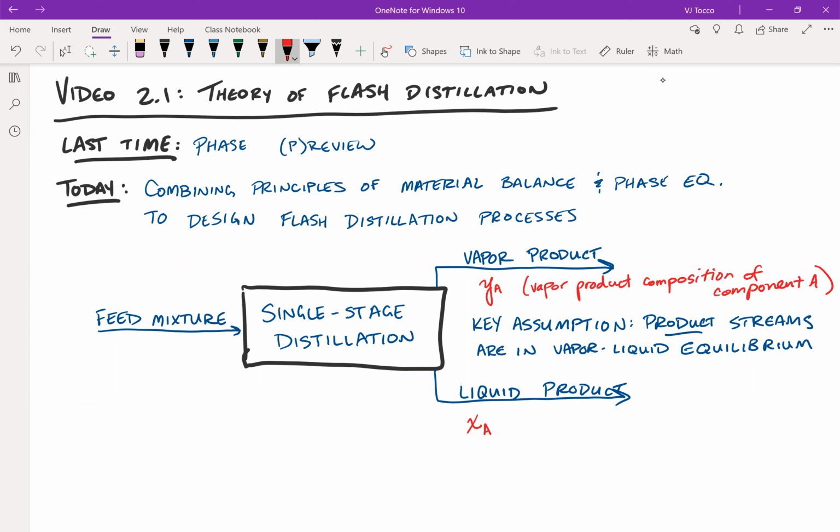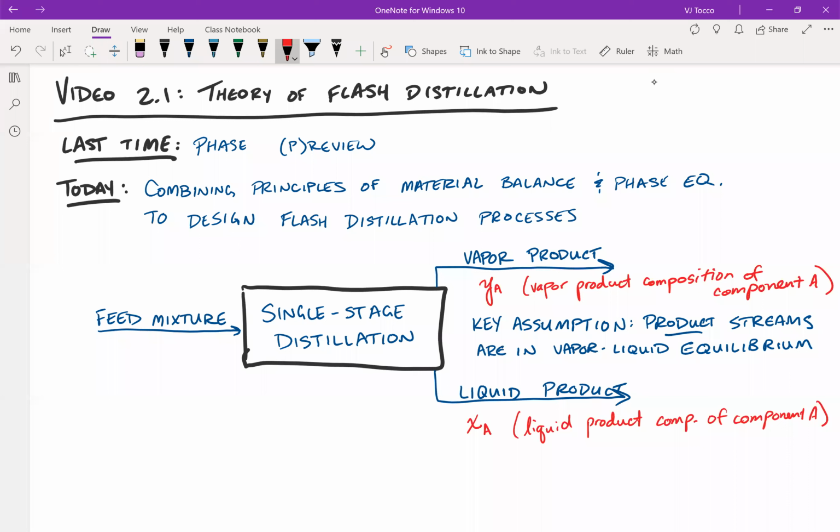Remember, the more volatile component is designated as component A. And X sub A is the liquid product composition of component A.